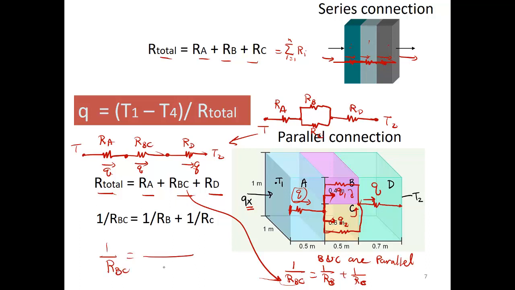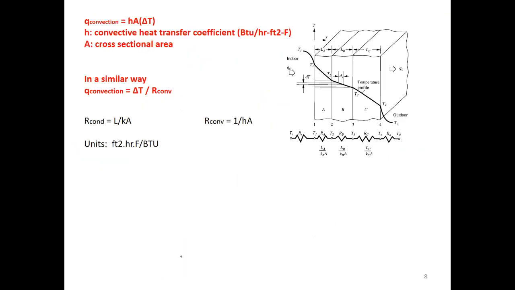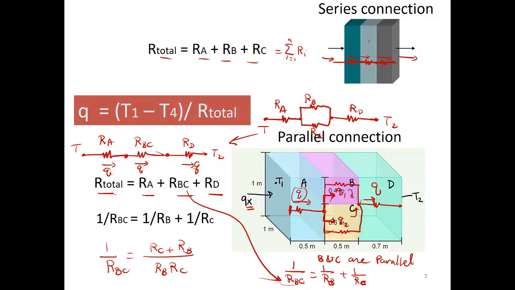First, take a common value there, and then RC plus RB. Then RBC will be equal to RB times RC divided by RB plus RC.